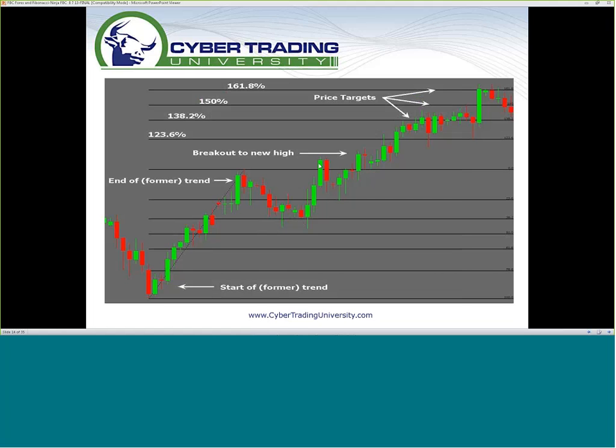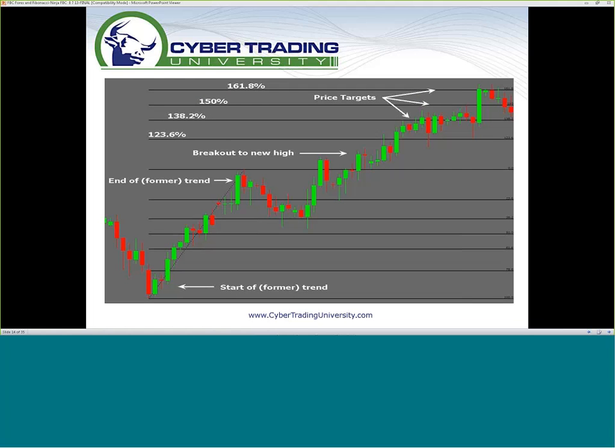And again, there are a number of different Fibonacci percentages. We don't know which one it's going to be, but we know the market is most likely to find resistance at one of these levels. So the 123.6% Fibonacci level is very simply 100% of the trend plus another 23.6%.